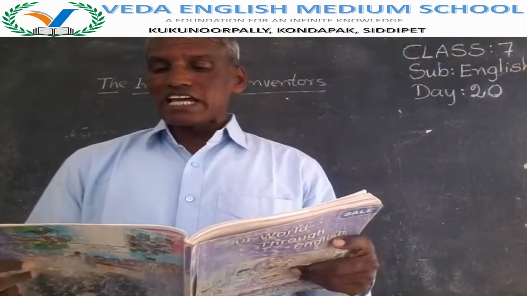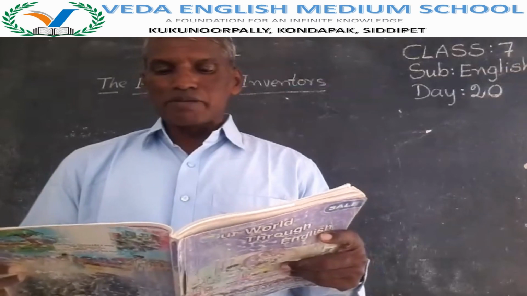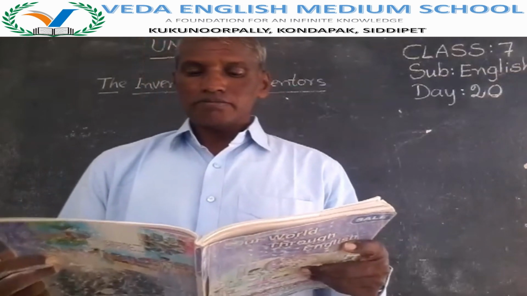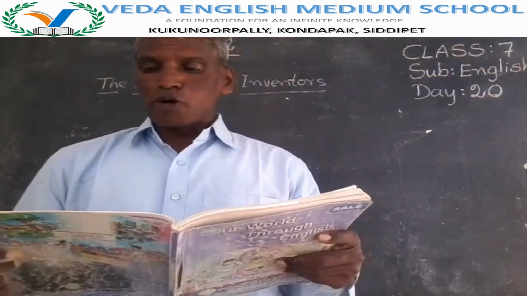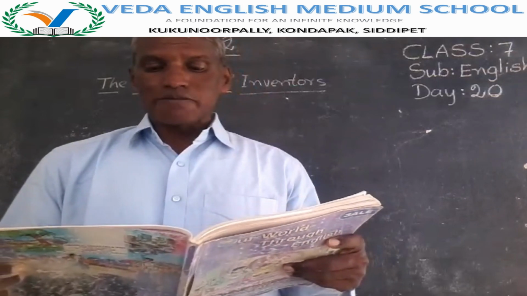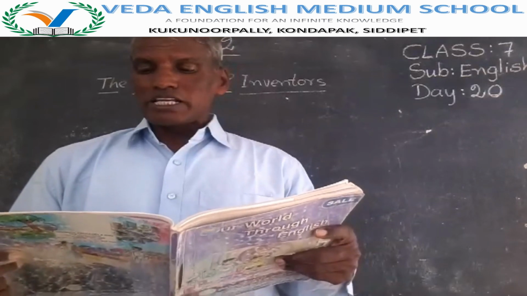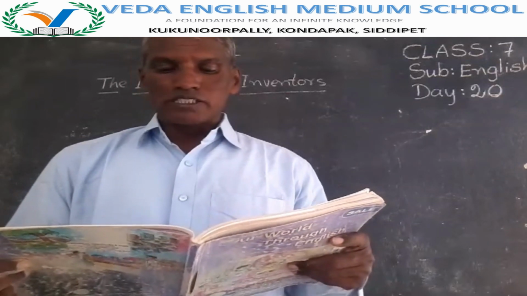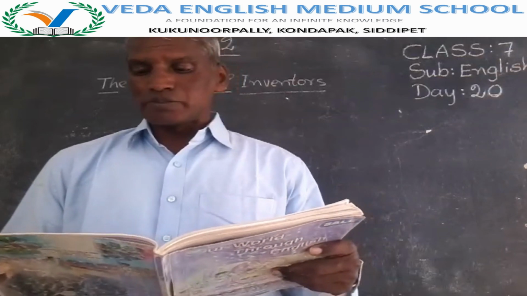In 1878, he demonstrated the light bulb, a carbon filament electric bulb. While experimenting on electric lamp, he discovered an important scientific principle known as Edison effect. This discovery led to the invention of electron valves, and the modern electronics industry rests on this principle.